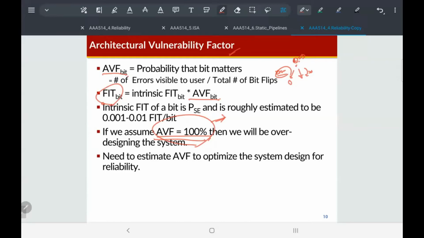We can assume that every bit fault affects the result of our computer system. So we need to invest some architectural efforts or design efforts to reduce the failure rate. Okay, and the failure rate is the FIT, but it's not true. If we just decrease this value, then we can invest lower resources or lower design efforts in our system.